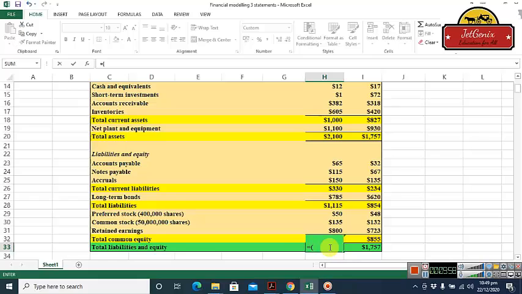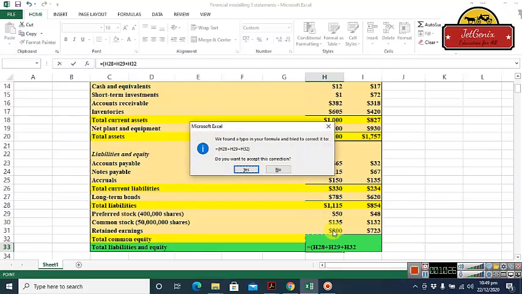So just press equal, and then you select the total liabilities, this one, plus preferred stock, plus total equity, which is hiding here. That's why I'm just clicking here and then scrolling down, and just selecting the cell H32, okay. And now press enter.